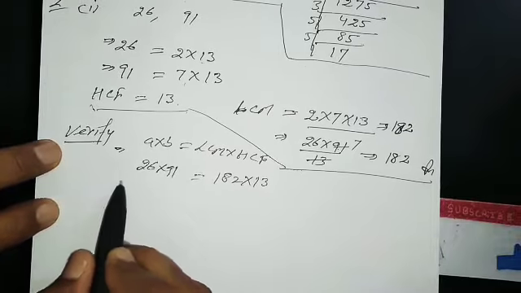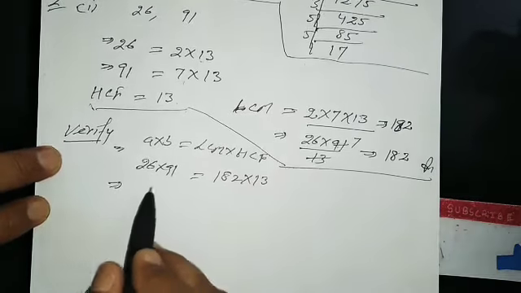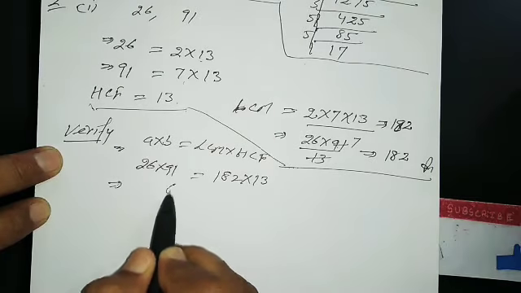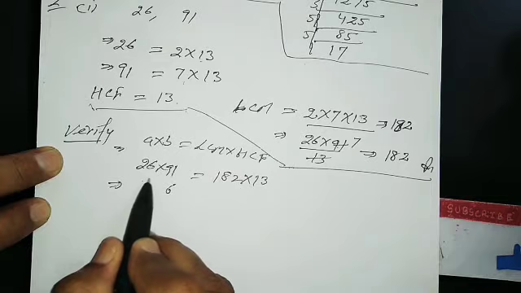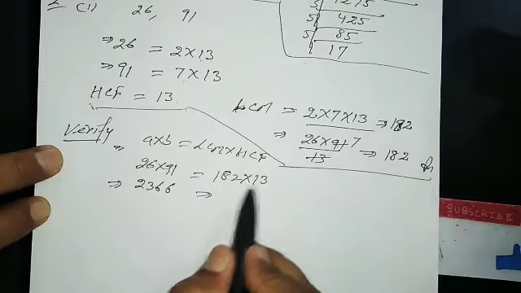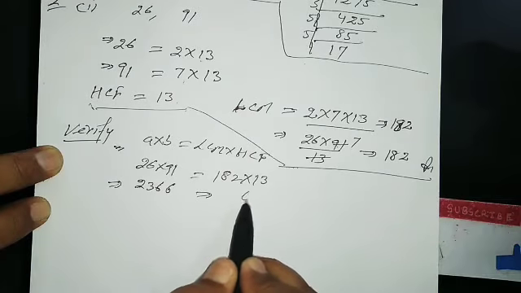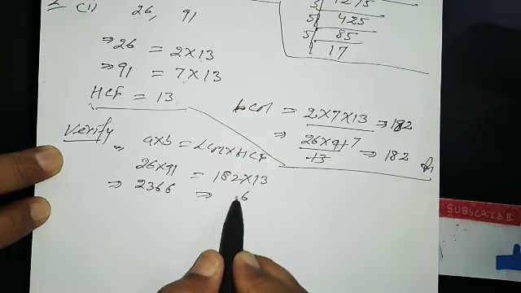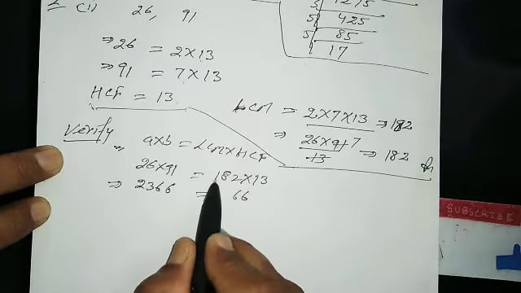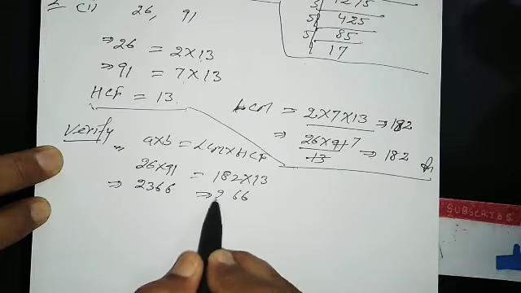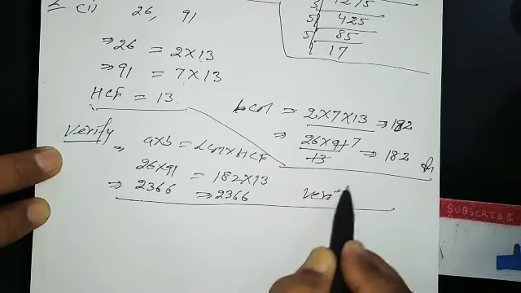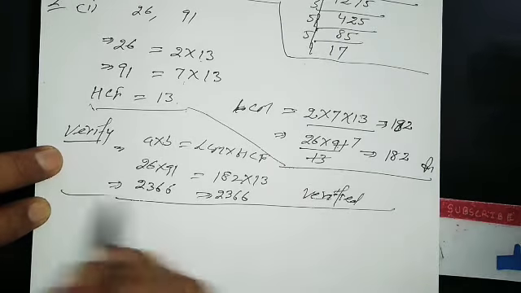Now multiply these numbers. 26 times 91 gives 2366. Also multiply 13 times 182, which gives 2366. So verified. So this is not a big one.